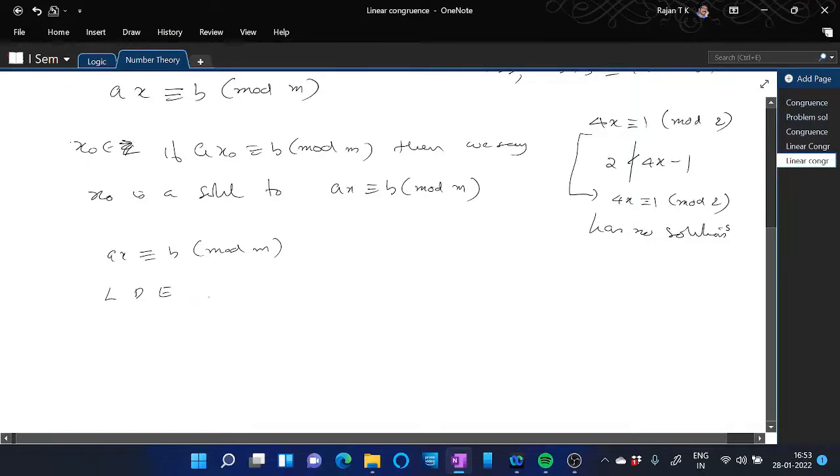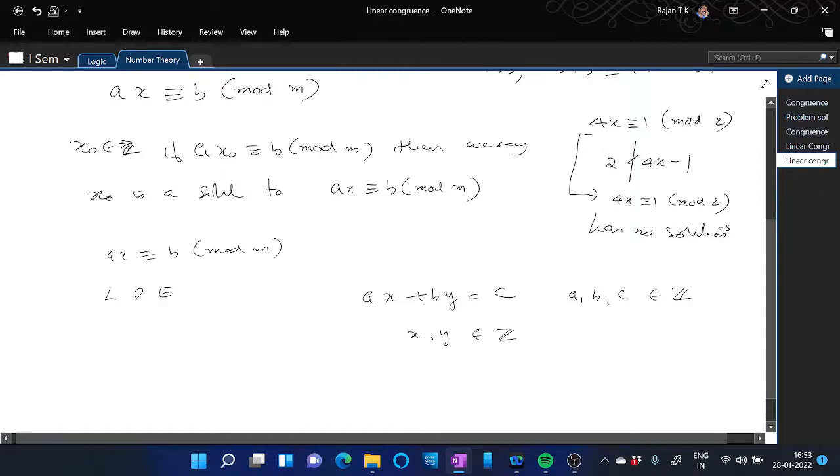We know what is a linear Diophantine equation. An equation in the form ax plus by is equal to c is a linear Diophantine equation if the coefficients a, b, c are all integers, and the unknowns x, y are also integers.